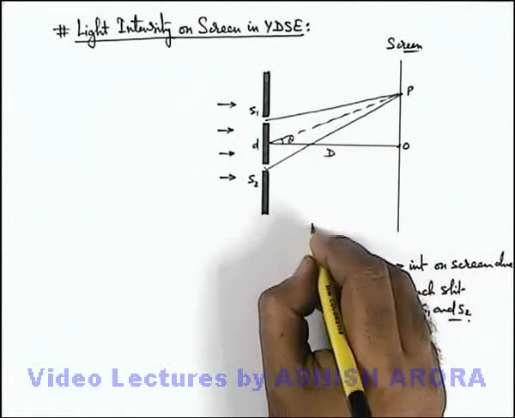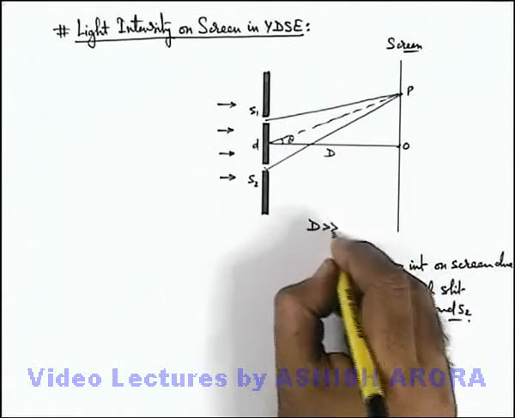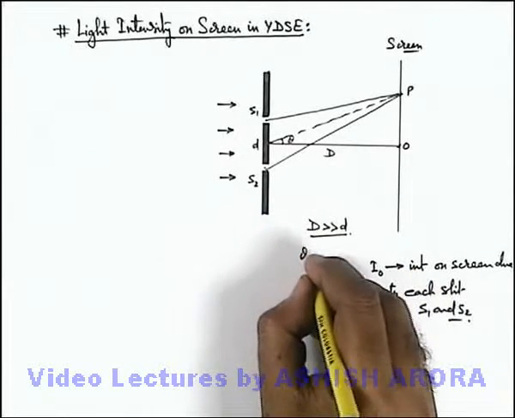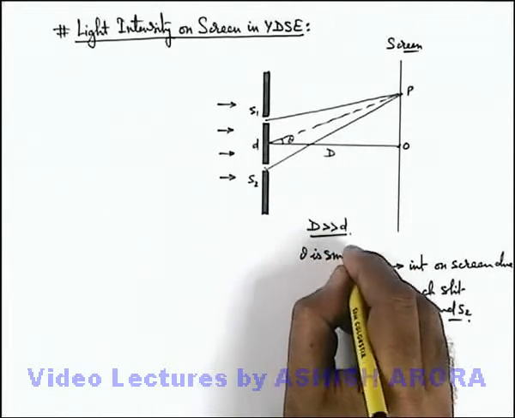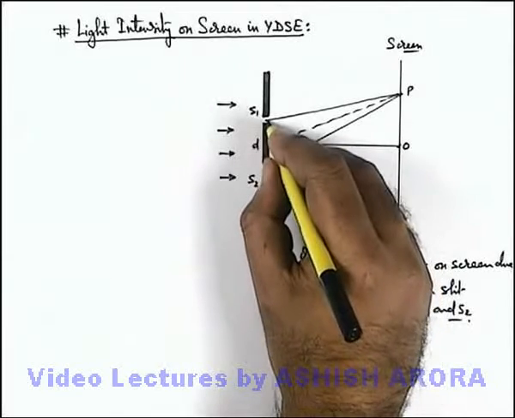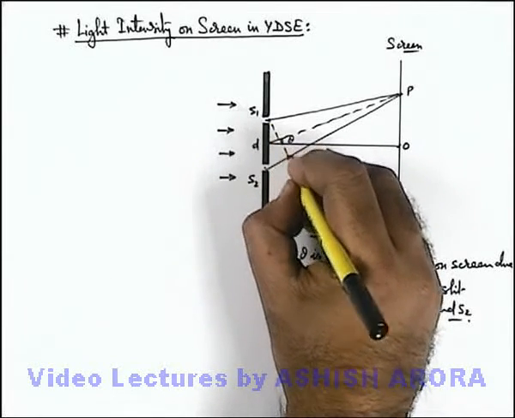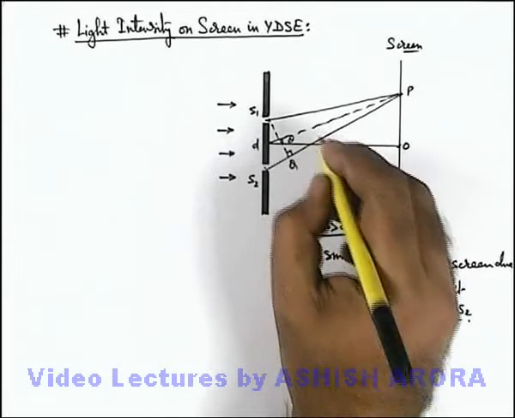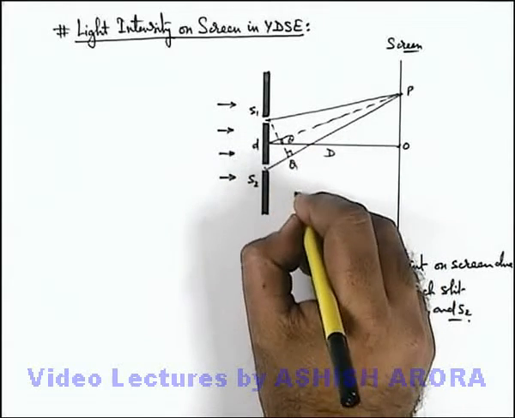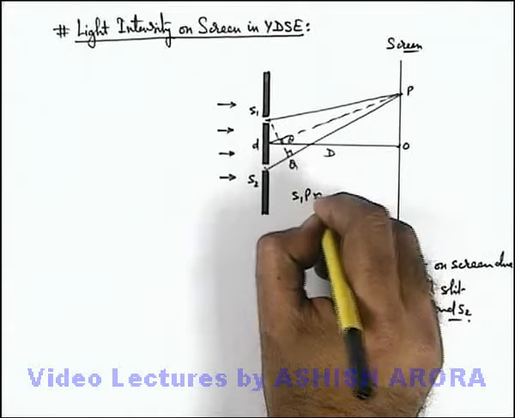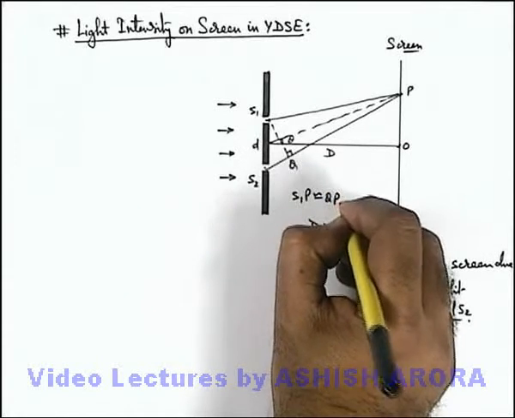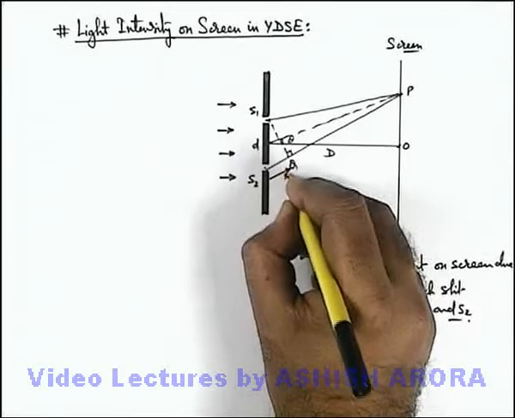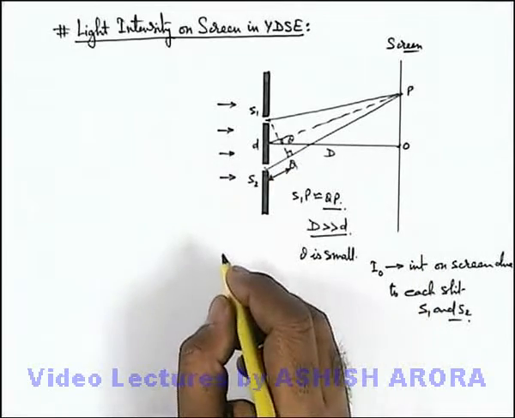Here if we consider capital D is very large compared to small d, and theta is small, then if we drop a perpendicular from S1 to the line S2P, say at point Q, then we can assume S1P is approximately equal to QP. So the path difference between the two waves reaching at P is S2Q only.